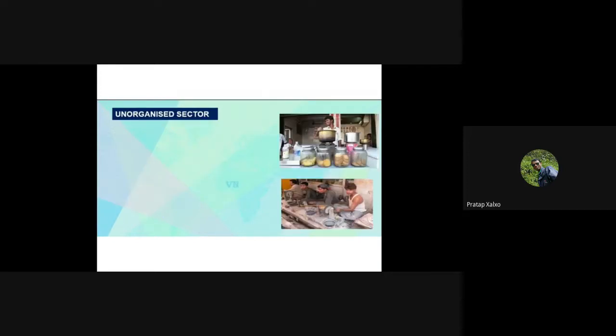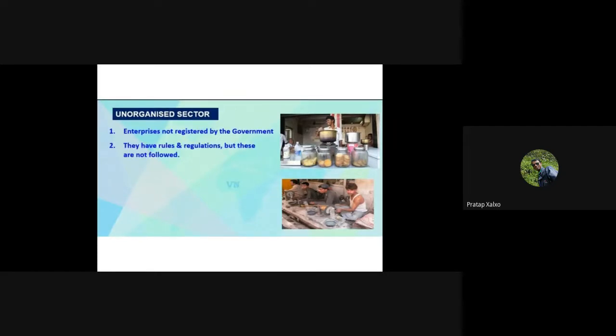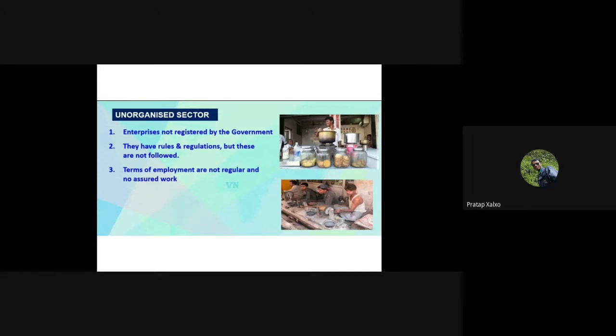So when I talk about the unorganized sector, first of all, it is an enterprise not registered by the government. They have rules and regulations, but these are not followed at all. Terms of employment are not regular and work is not assured.